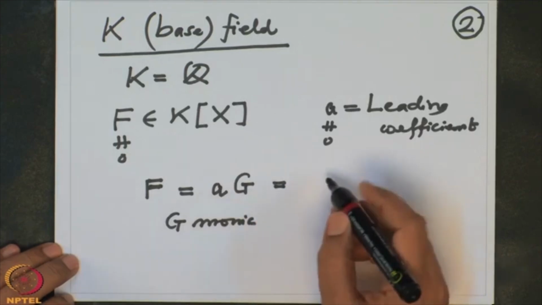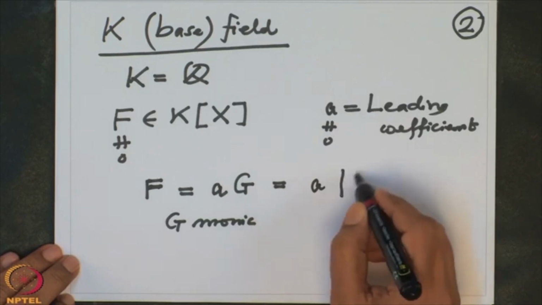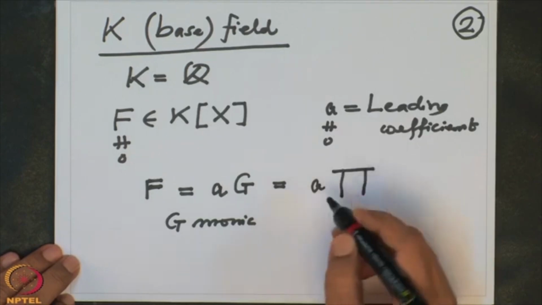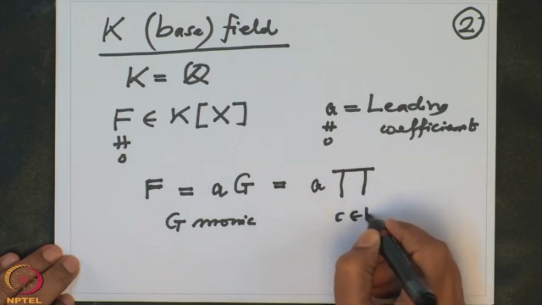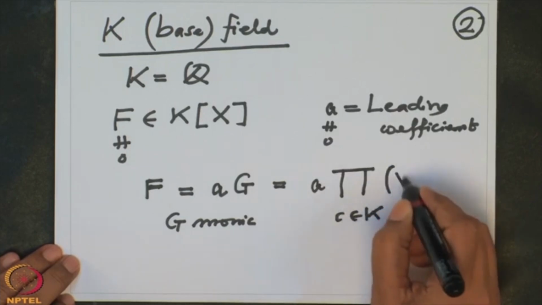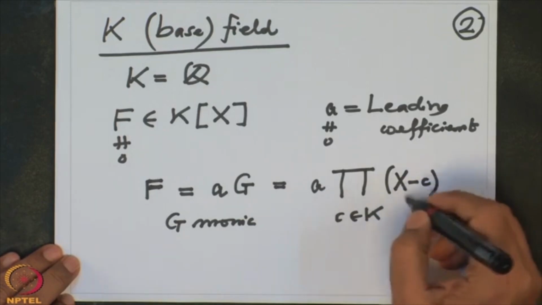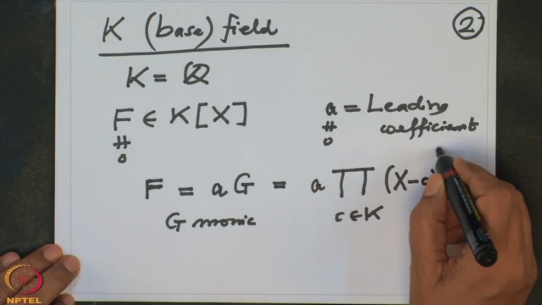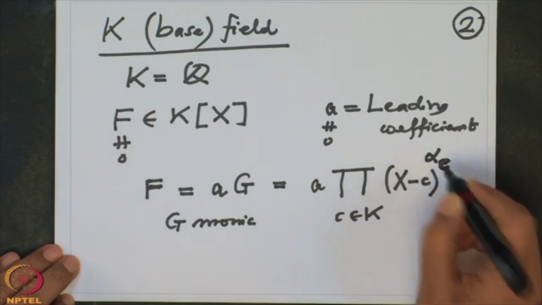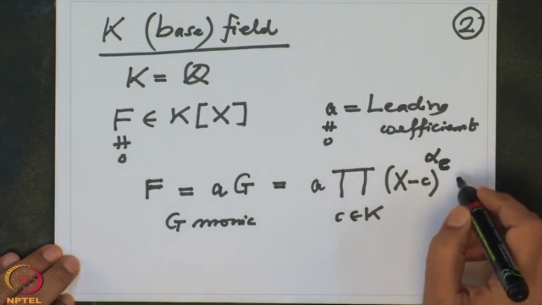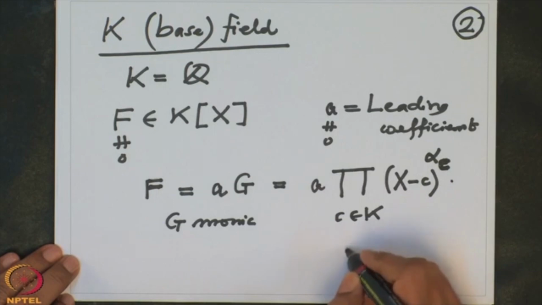So, this f definitely I can write as a times the product, varying over c in K, of x minus c, and maybe some of these x minus c may be repeated factors, so that the multiplicities are alpha c, times now the other factors. Unfortunately I can't write it here, so I will write it down there.